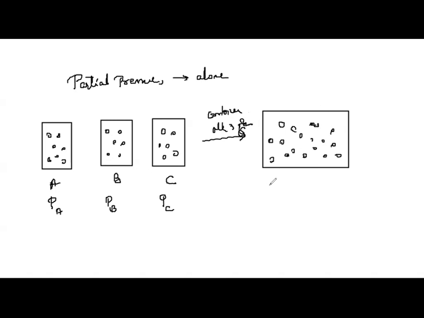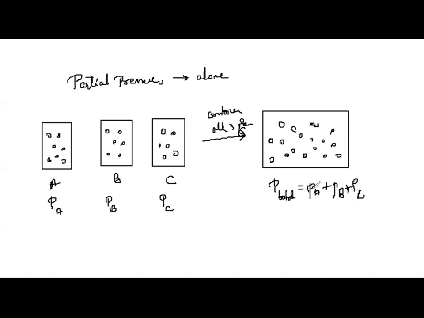That is the total pressure, the pressure exerted by the mixture. That will be equal to the sum of the partial pressures exerted by the individual gases: the pressure exerted by gas A, plus the pressure exerted by gas B, plus the pressure exerted by gas C.